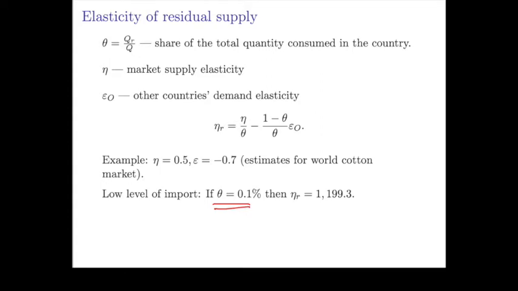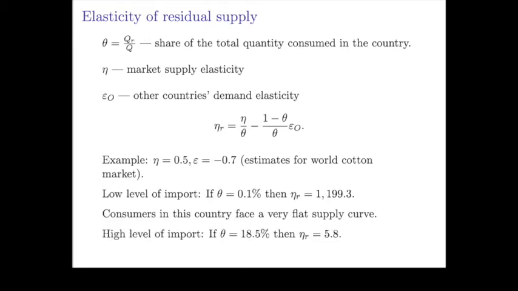If we plugged in 0.1% for theta and a half for eta and minus 0.7 for epsilon_O, we would find that the elasticity of residual supply is almost 1200. So it's very elastic, even though the supply elasticity of the market supply is actually quite low. So these consumers face a very, very flat supply curve.